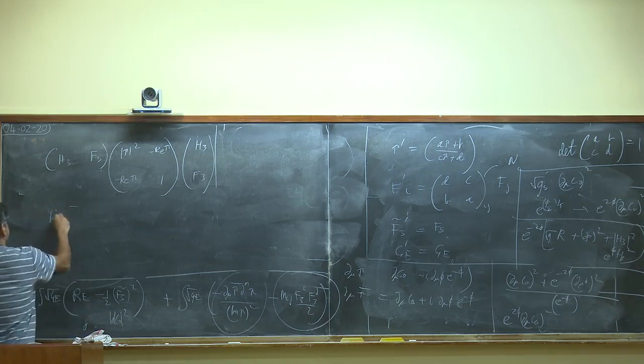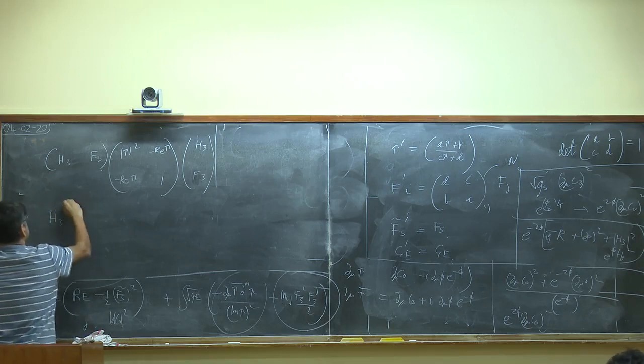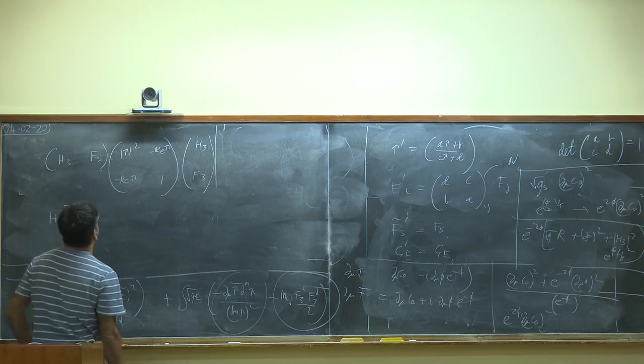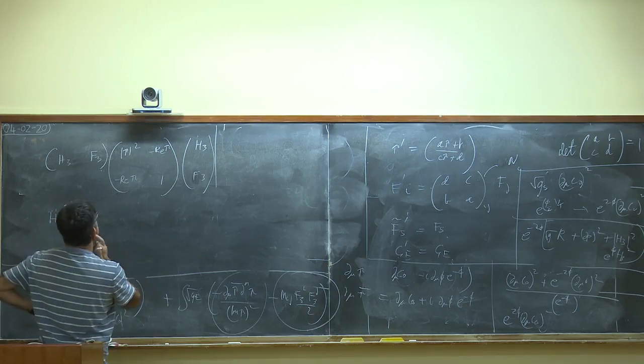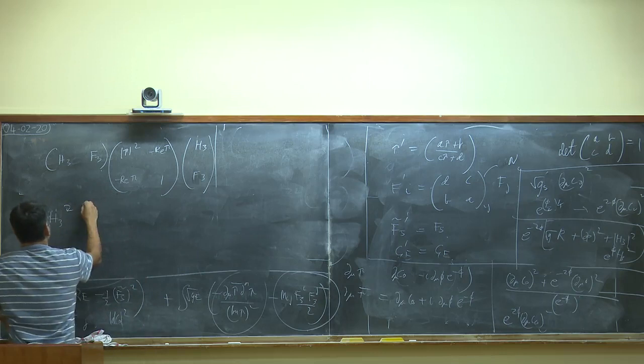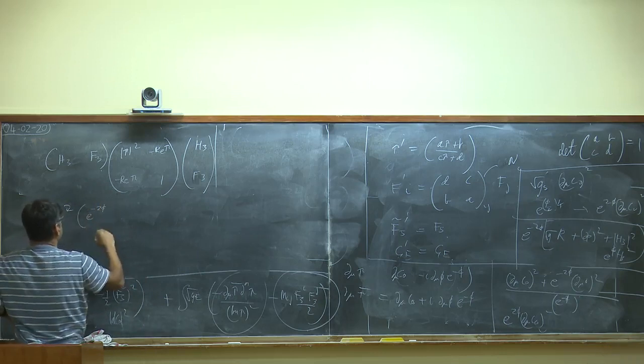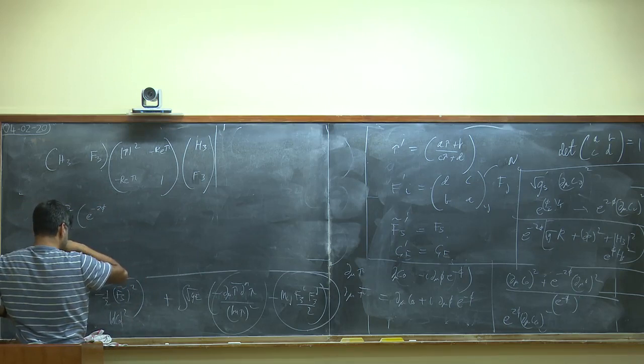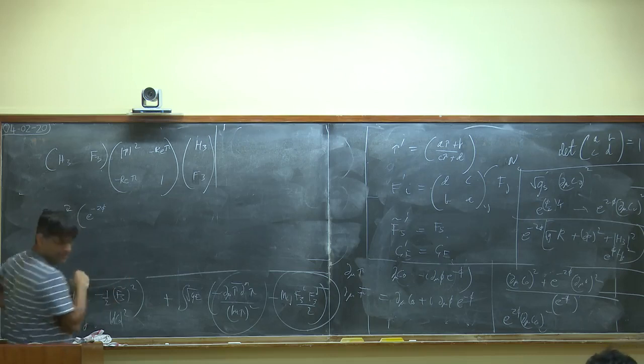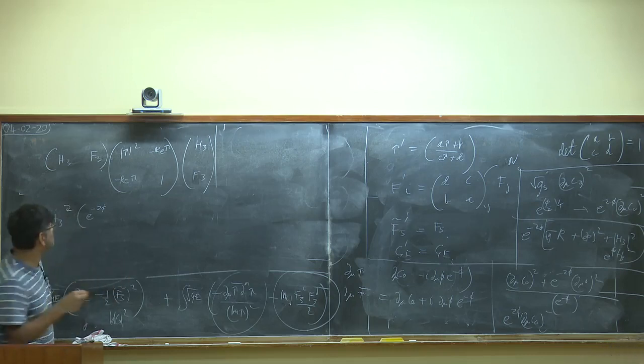Okay, so we'll have h3 square times e to the power minus 2 phi and there was 1 by im tau, sorry.